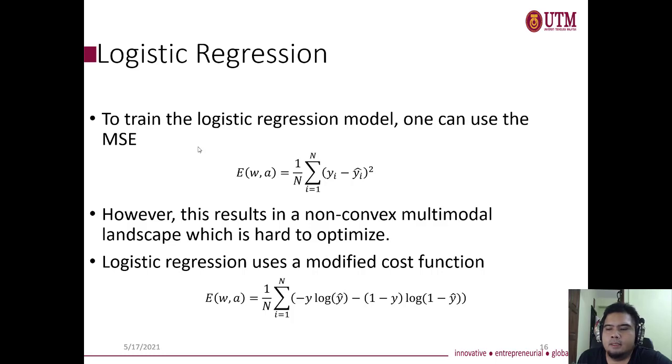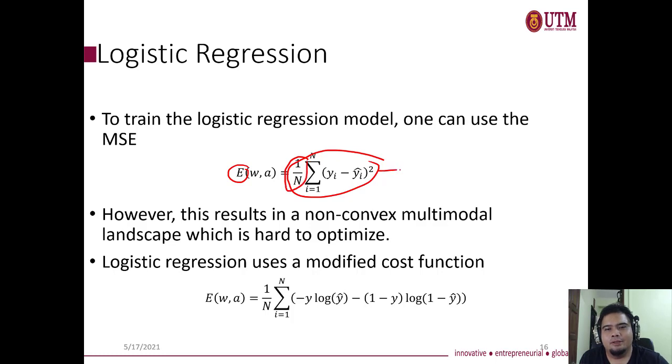Regarding logistic regression, this one I already discussed previously. You can see that now we are not using J anymore. Now it becomes E. Actually it's the same thing, cost function or loss function or error function, but this one is actually your MSE, because you have a 1 over n.